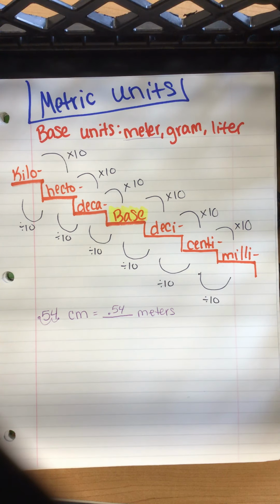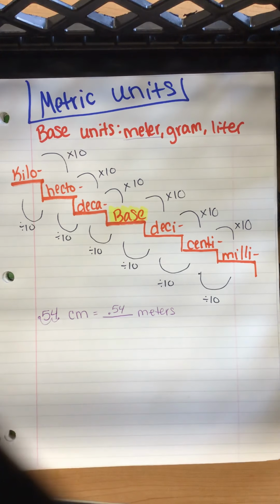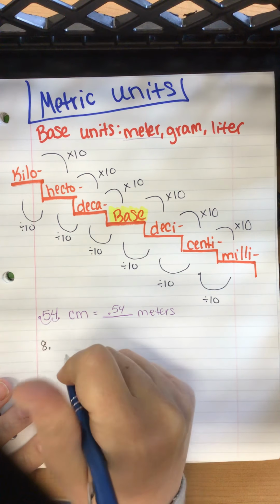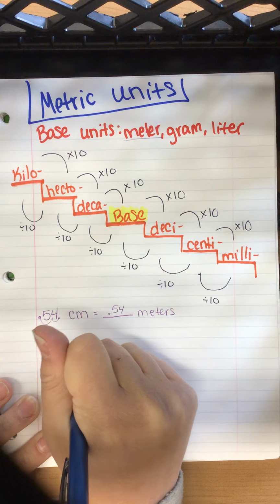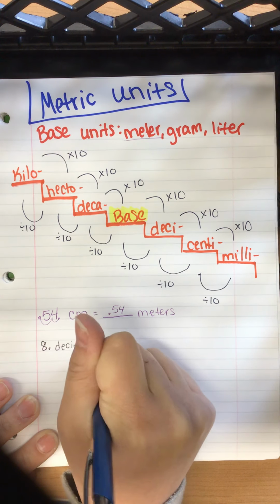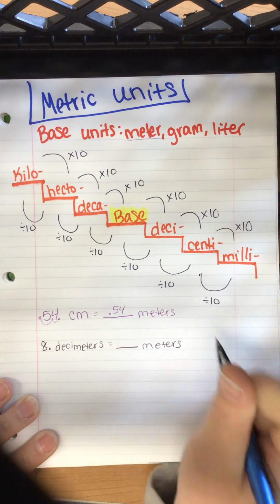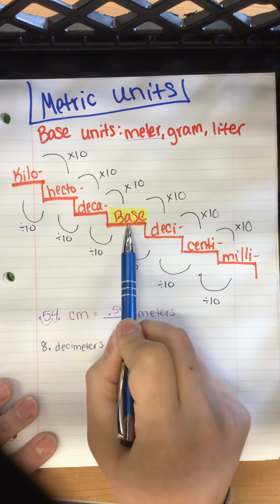Okay? How about if we had, let me change my pen color so we don't get confused, 8, remember there's that decimal point, decimeters equals blank meters. Find your decimeters, find your meters as your base, okay?